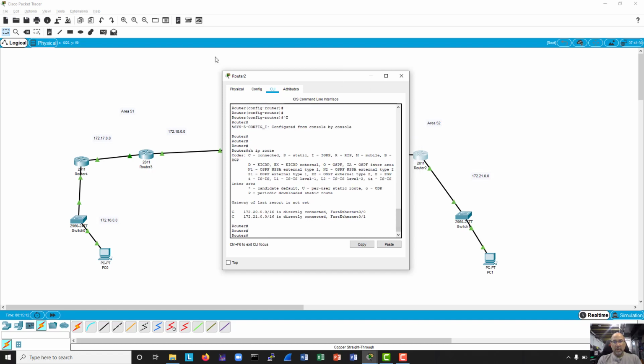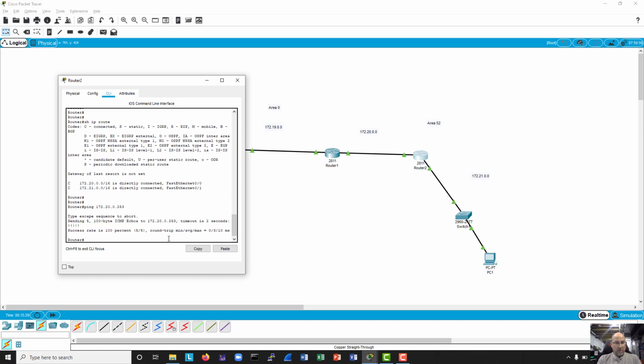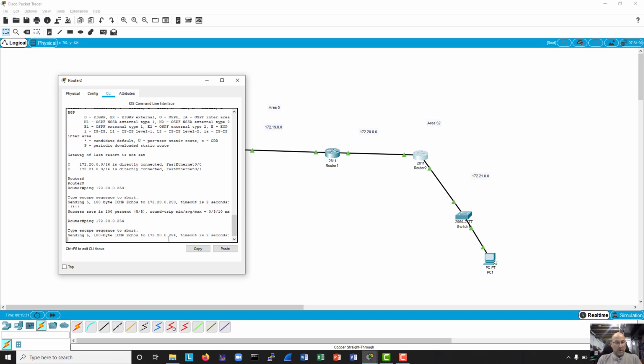Oh dear. We have to make sure that everybody's talking. Ping 172.16. Whoops. We're way over here on the 20 network, right? If you can't hit your neighbors, then you are not going to be able to. I may have given two routers the same IP address.